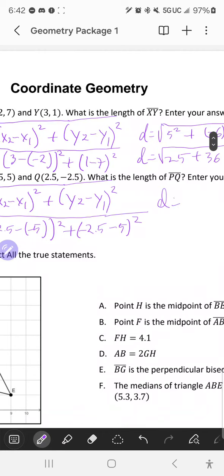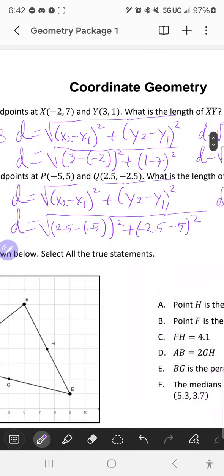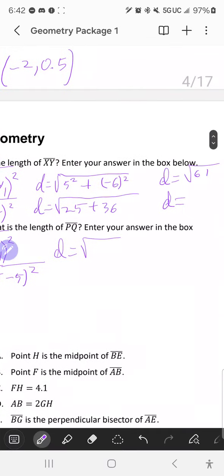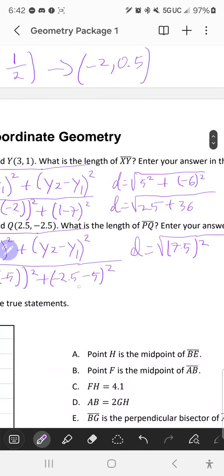Now I calculate it and I got a square root. Minus minus is plus, so 2.5 plus 5 is 7.5, so 7.5 squared. This is negative 2.5 minus 5.